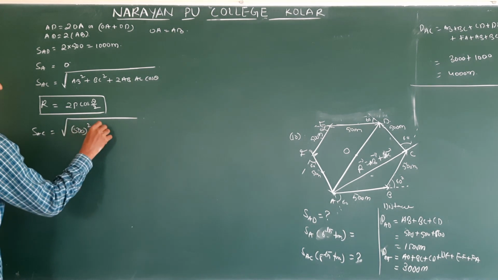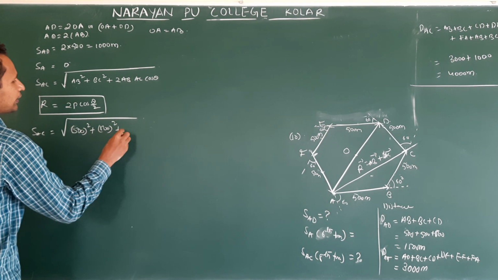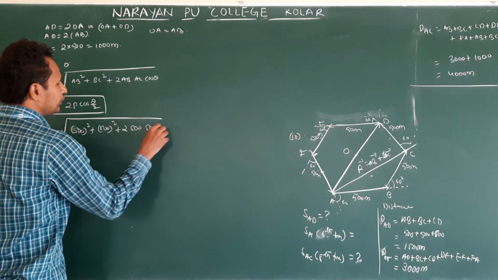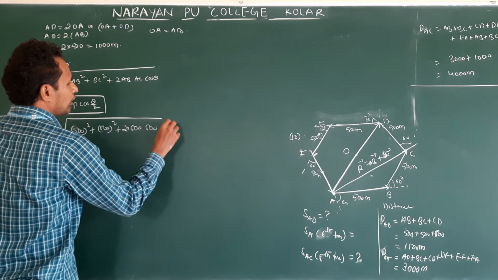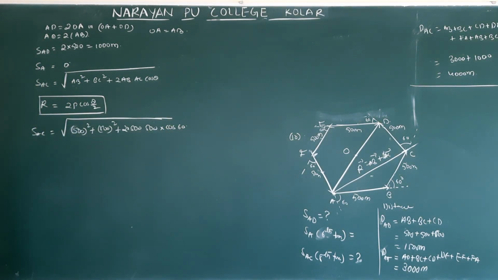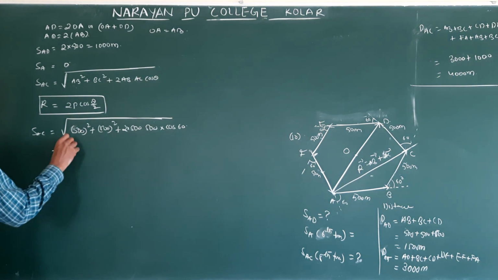Under root of 500 square plus 500 square plus 2 into 500 into 500 into cos 60. Clear?